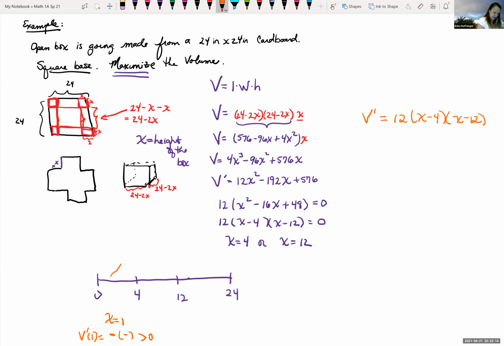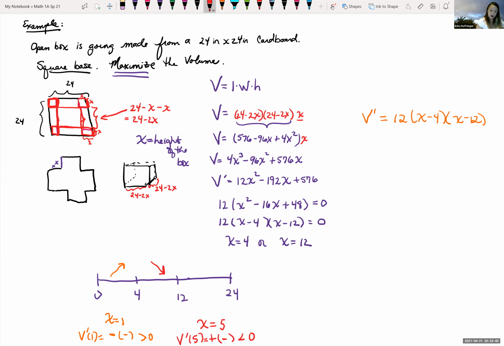So this is increasing. Let's look at what's happening between 4 and 12. How about 5? Plug it in, 5 minus 4 is positive, times 5 minus 12, which is negative. That's less than 0, so it's decreasing.